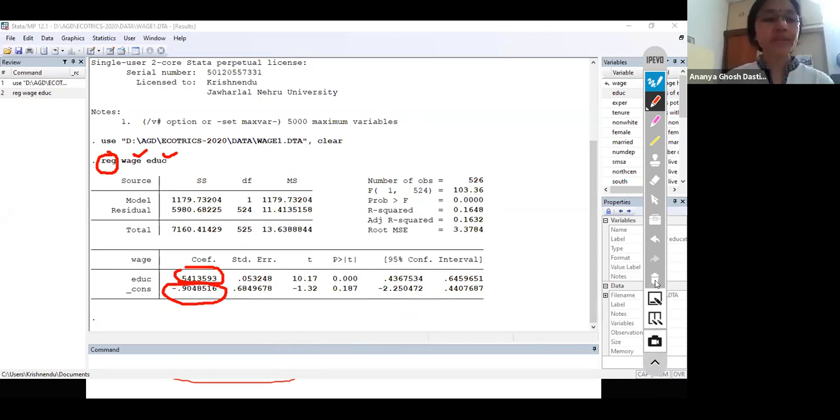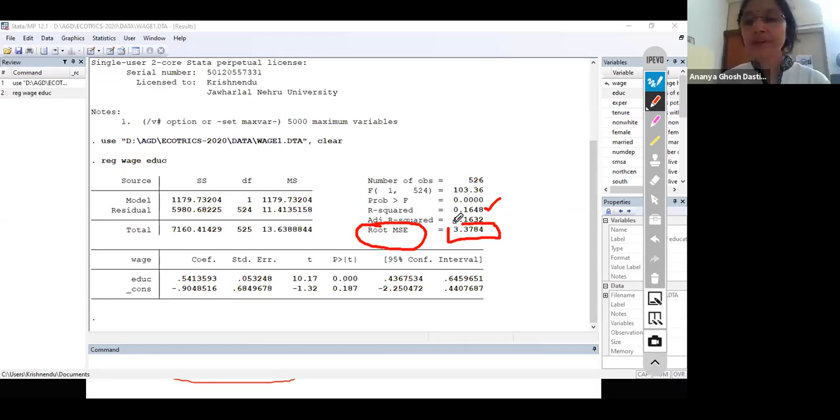And here is my R squared. Now, where is the standard error of the regression being reported? Stata is also reporting it, but they are calling it something slightly different. They are calling it root mean squared error. So here is the standard error of your regression.